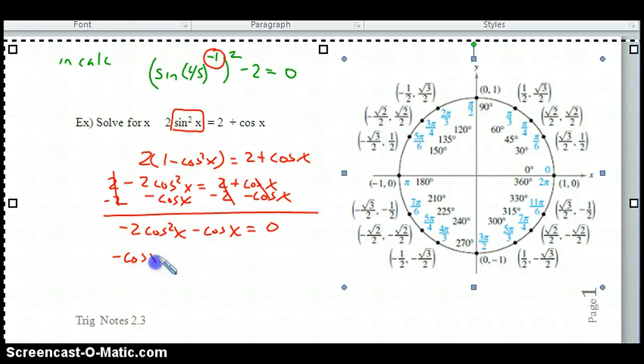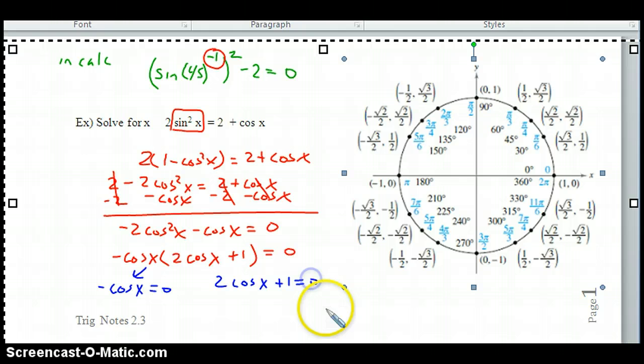I'm going to make it be a negative cosine. So this would be then 2 cosine of x plus 1. And now I can set these both individually equal to 0. Negative cosine of x equals 0, and 2 cosine of x plus 1 equals 0.